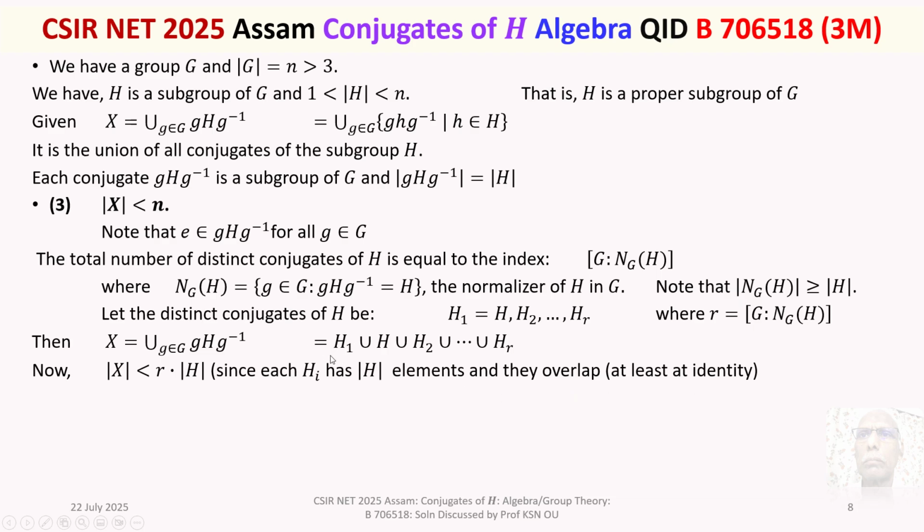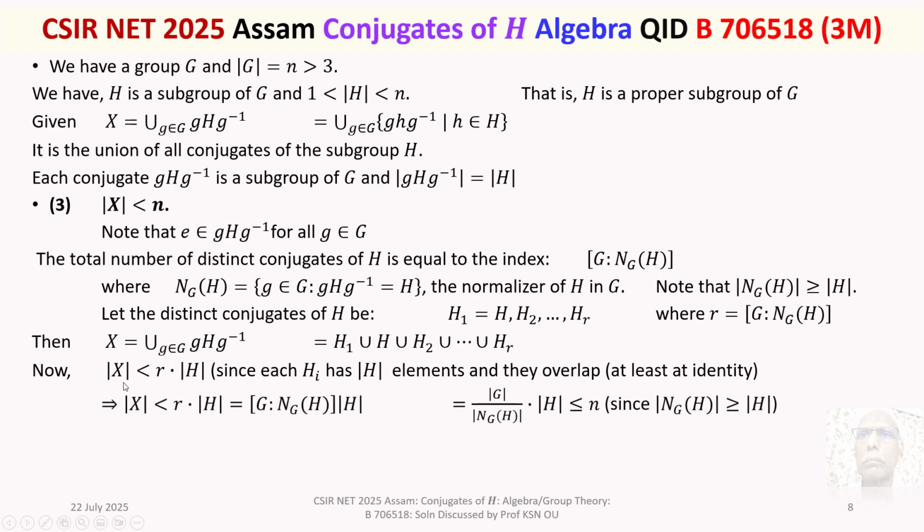Each conjugate H1, H2, ..., HR has a common element, the identity, so the union falls down, and that is how the order of X is less than R times order of H. Not even less than or equal to, it is strictly less than.